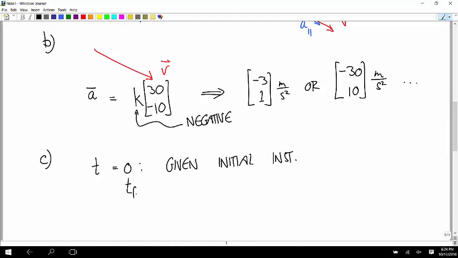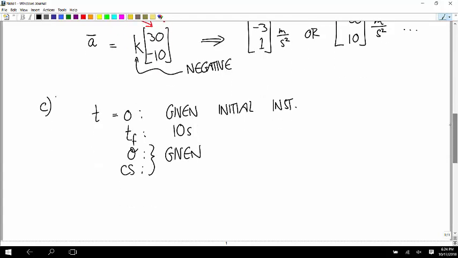And our time final is just going to be 10 seconds. Our coordinate system is given. But now we can think about what we know and what we want.